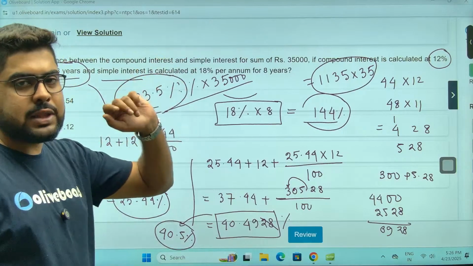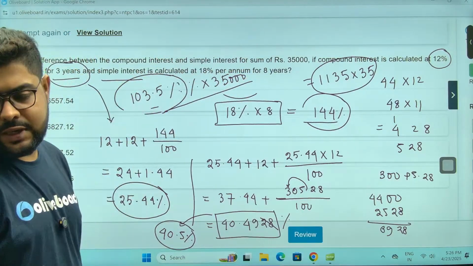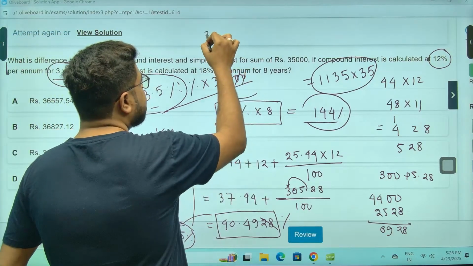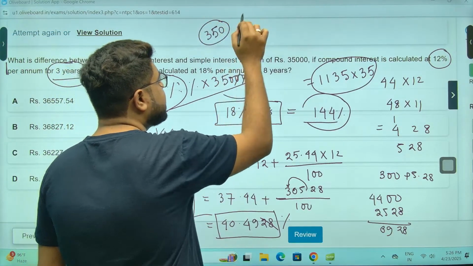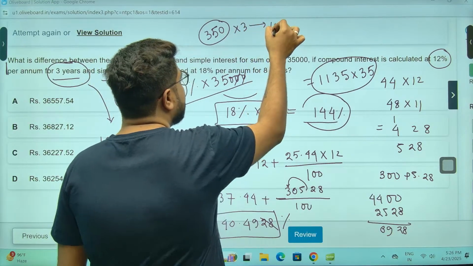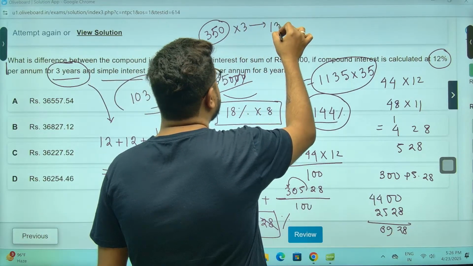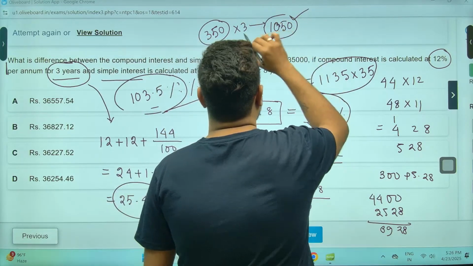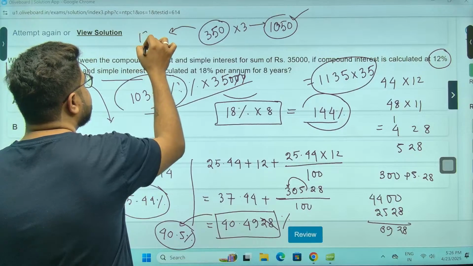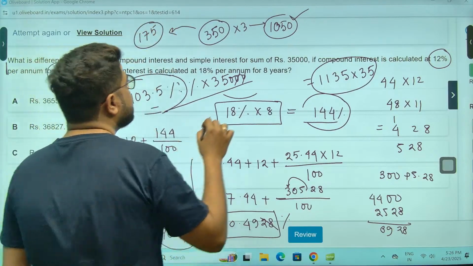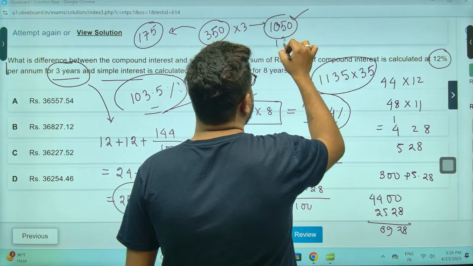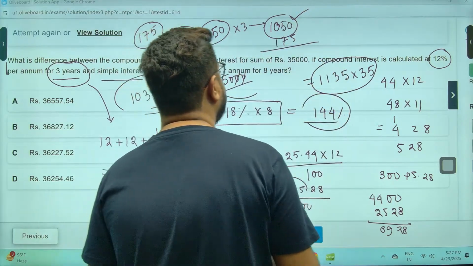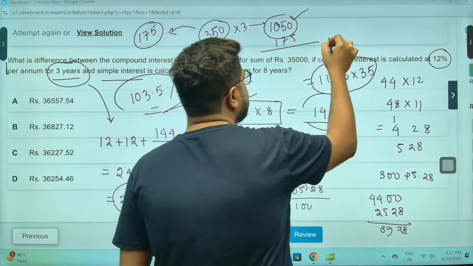So just do one thing: take 3.5% of 35,000. 1% will be 350. 350 is 1%, so 3% will be, sir, 35 threes are how much? 105, so 1050 rupees, and 0.5% will be half of this, 175. So plus 175, 1050 and 175, 1225.